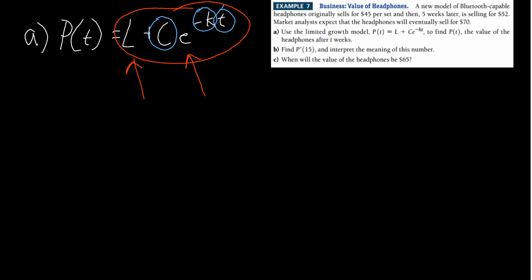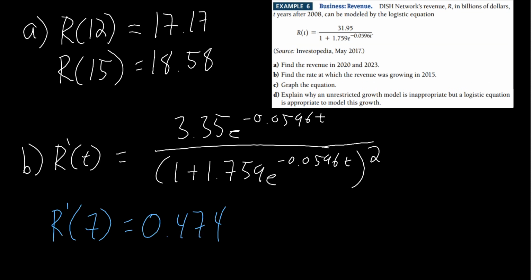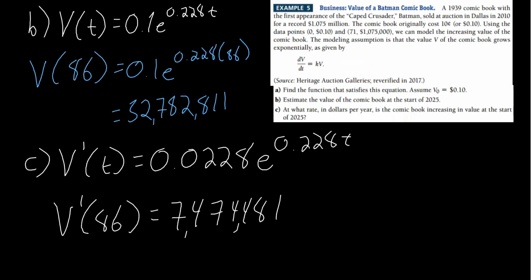Because if we look at the previous problems, let's go back and look at some of them. We are given in a lot of these the V naught. We had to find k.